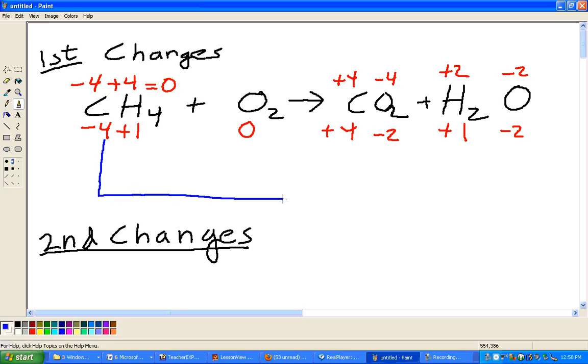The carbon is changed from a -4 to a +4. That's 8 electrons for each atom.